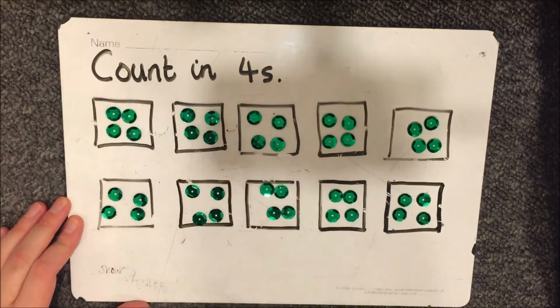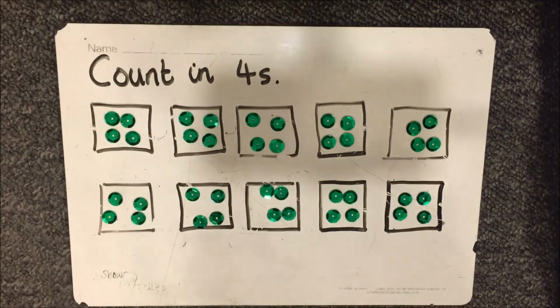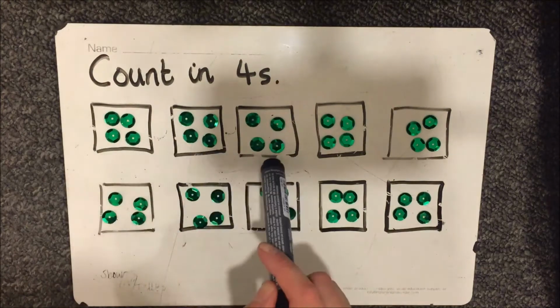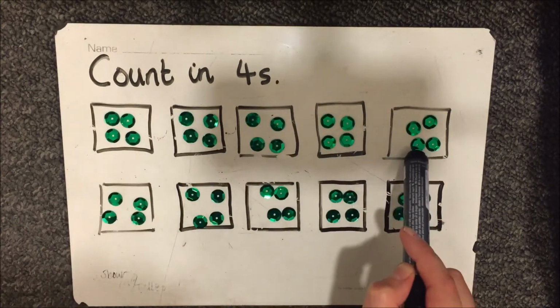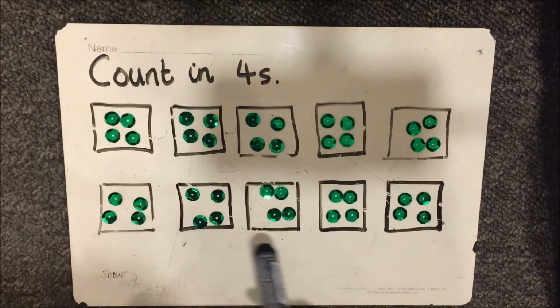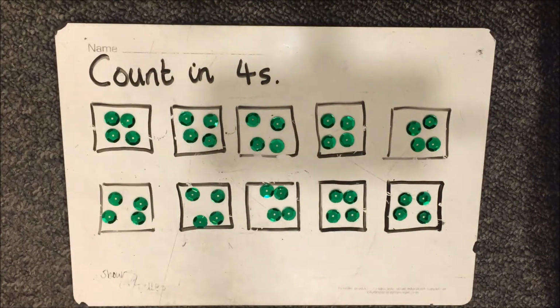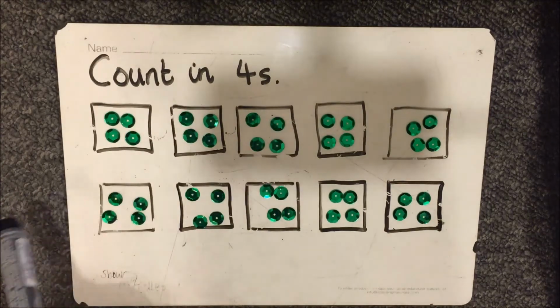Right, let's practice counting in our 4s. Remember they're even. Off we go. 4, 8, 12, 16, 20, 24, 28, 32, 36, 40. Let's do it in a whispering voice a little bit faster.